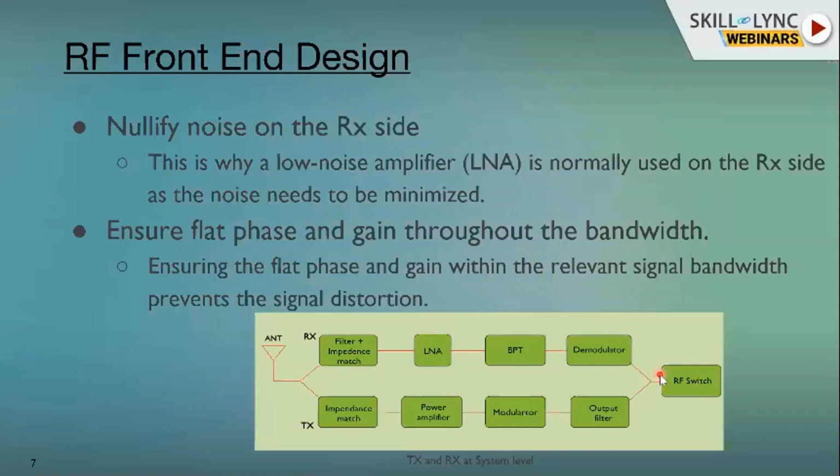But that is now completely filtered out because of the impedance, the filter, and the very good noise figure of the low noise amplifier. So we chop off that noise and receive the actual message or voice. That is the role of the low noise amplifier.